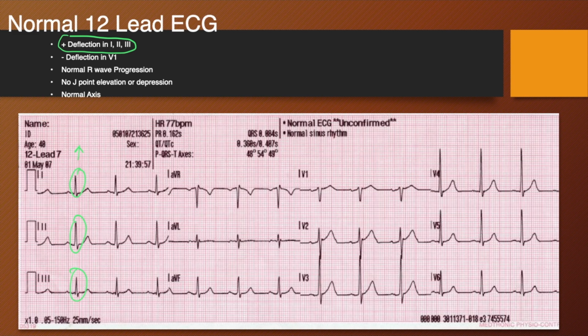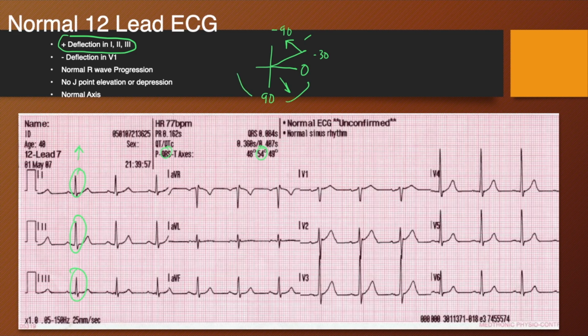You see the QRSs are upright, and if we look at the QRS axis here, it's at 54 degrees. If you remember, lead 1 sits at 0 degrees, and then you've got 90 degrees, and an axis anywhere from 0 to 90 degrees is considered normal. Up here, from 0 to negative 90 degrees is considered left axis deviation, whereas 0 to negative 30 is considered physiological left, and negative 30 to negative 90 is considered pathological left.